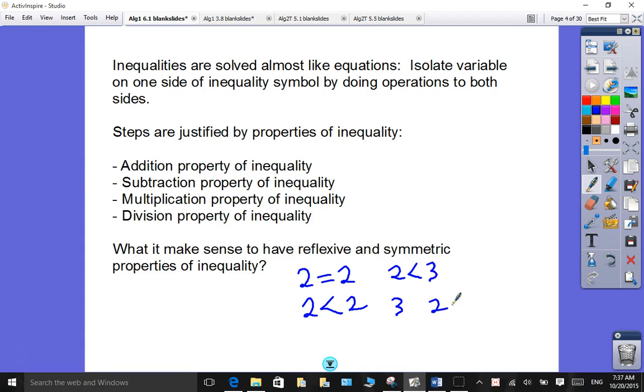If I switch the inequality, I can, right? And sometimes we will do that. So I'm not sure we even have a symmetric property of inequality, but we will take things like x is less than 3 or 3 is greater than x and change it into x less than 3 if it helps us to understand. In a way that is kind of like symmetric, we're changing what's on the left and what's on the right.